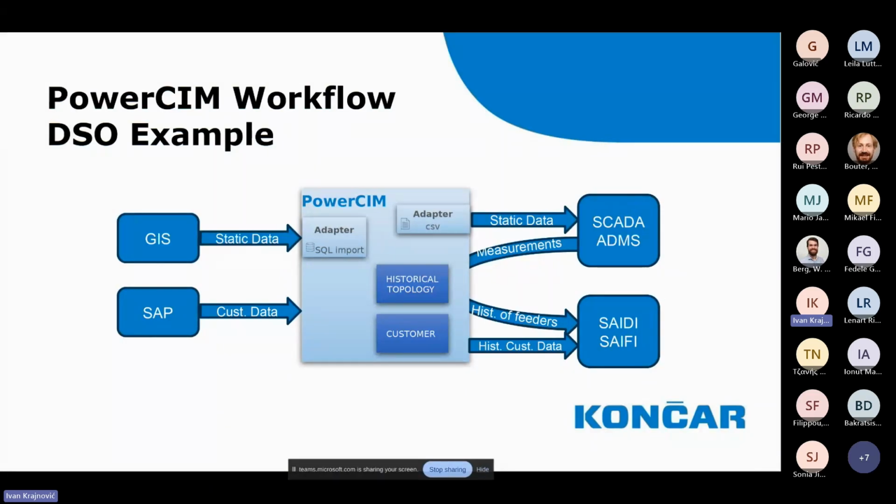So it has a topology processor and historical model data and historical switching data. So you can do a true Saidi-Saifi calculation that's really correct to the last second. And this is hard in most SCADA systems because they don't really have a historical model repository.